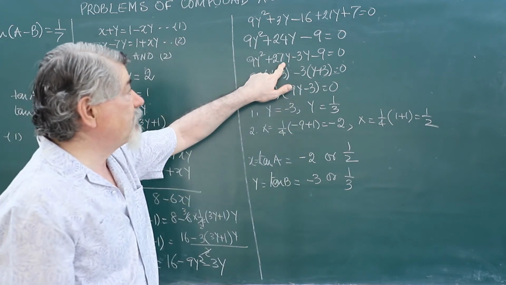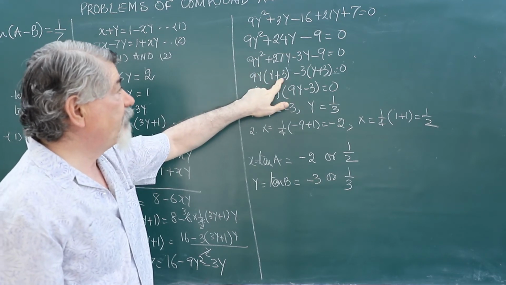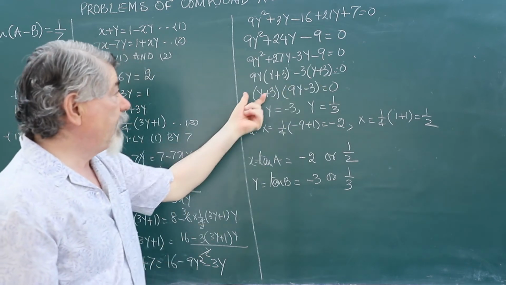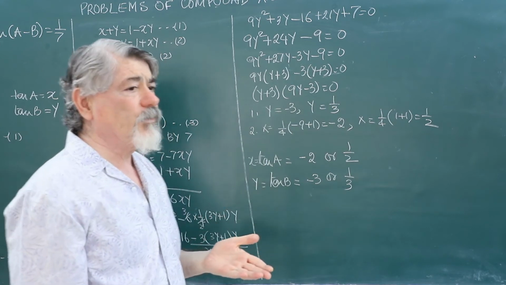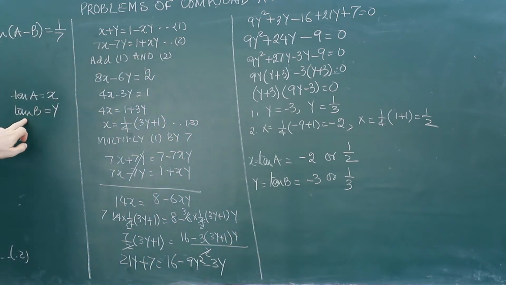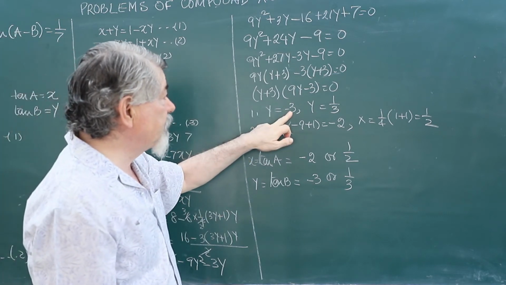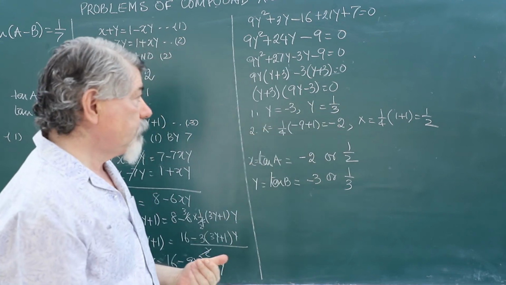So 9y is taken out common here, it will be left y plus 3, minus 3 is common, y plus 3. y plus 3, 9y minus 3 is equal to 0. y is the value of tan b. So y will come minus 3 and y will come 1 upon 3.